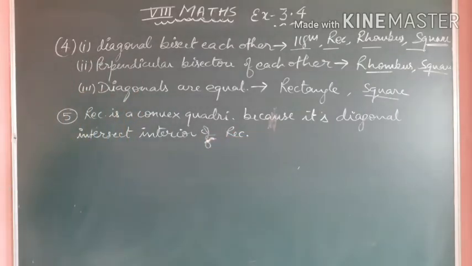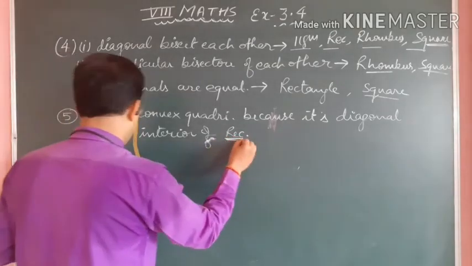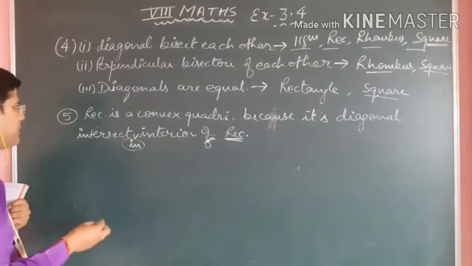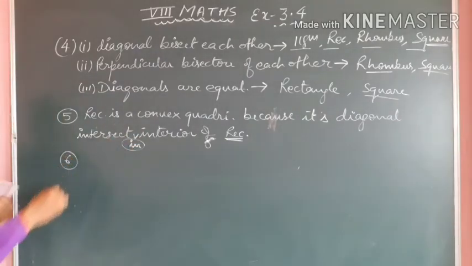So, why is a rectangle a convex quadrilateral? Because the diagonals intersect in the interior of the rectangle. In the interior, here you have to write it also. Okay, now question number 6.